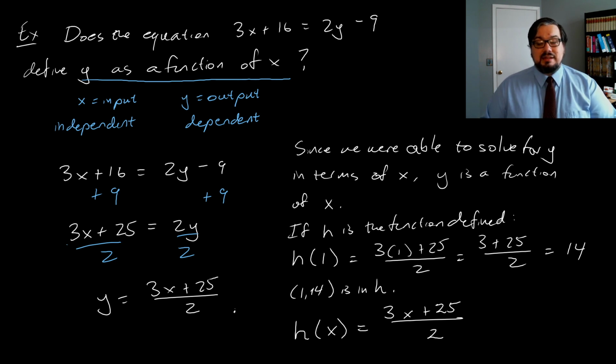And this is a shorthand for saying that the relation h is defined by the equation where the output, remember h of x, this notation is always the output of the function, is equal to the expression over on the right, 3x plus 25 over 2.